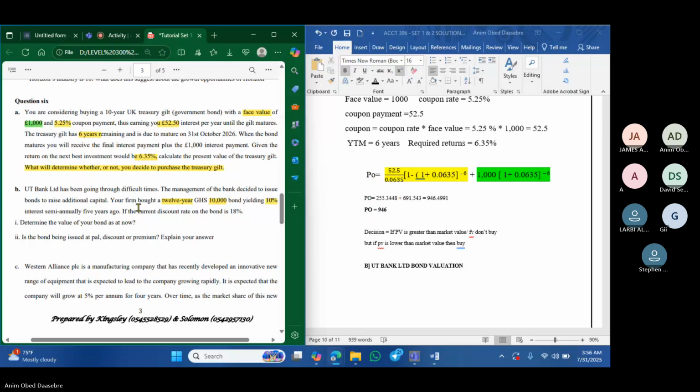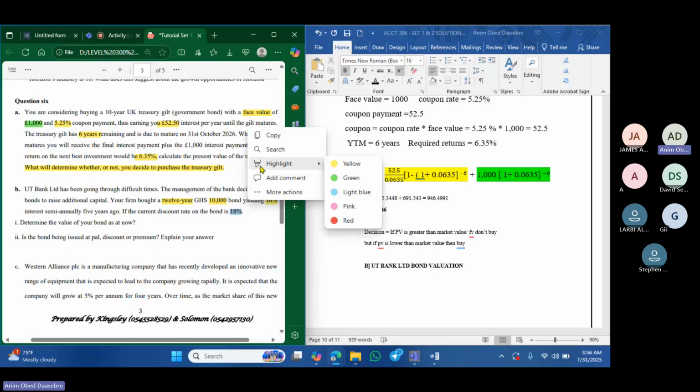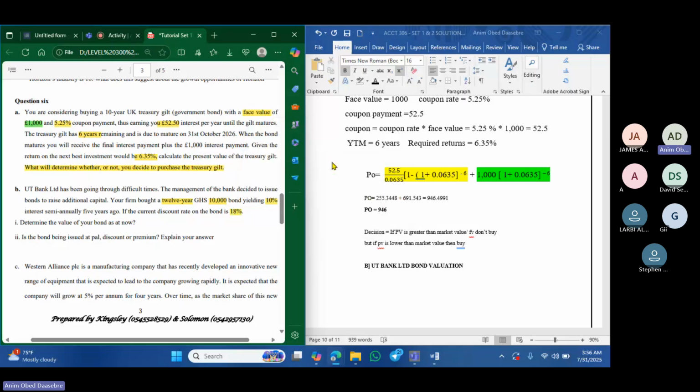Right. And the discount rate is what? 18%. So now, 5 years ago, 12.